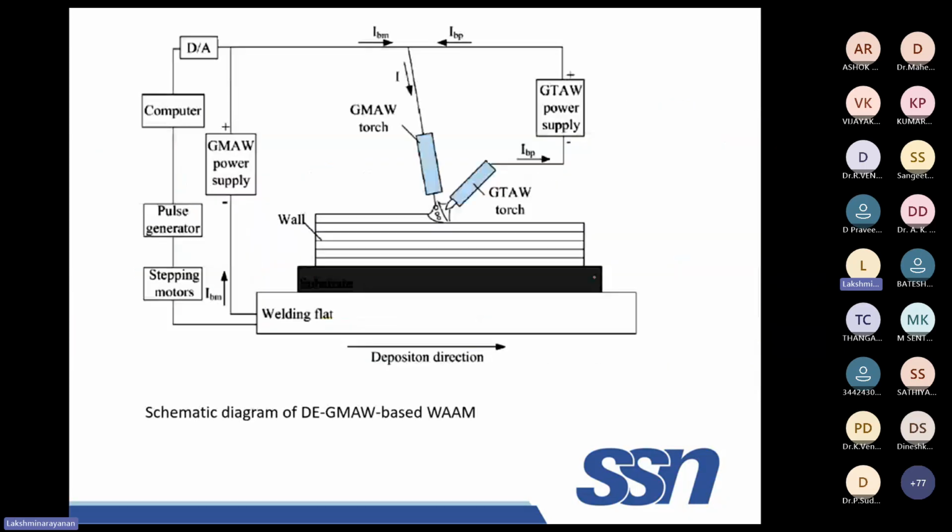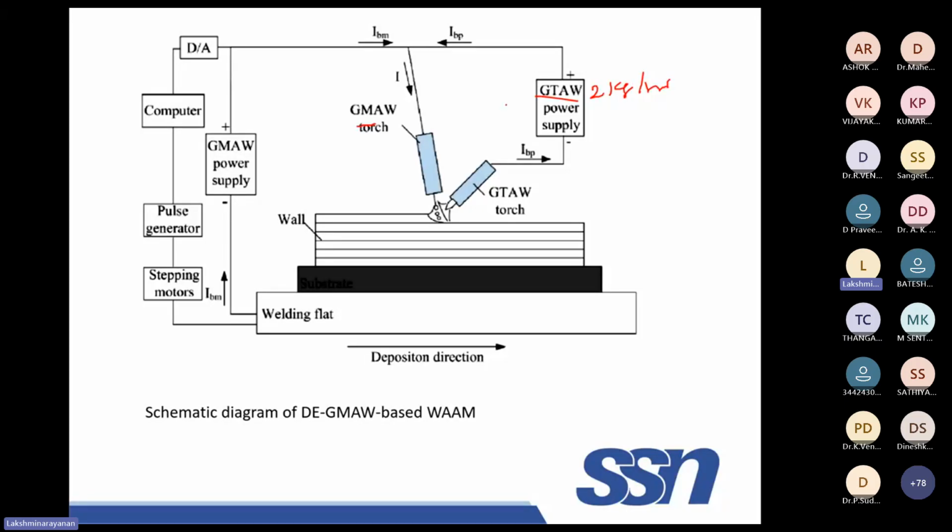Sometimes people have tried both gas metal and gas tungsten torches to get large volume deposition at the same time, because as I mentioned here, if you use GTAW, you can go up to 2 kg per hour, whereas in GMAW you can go up to 6 kg per hour.